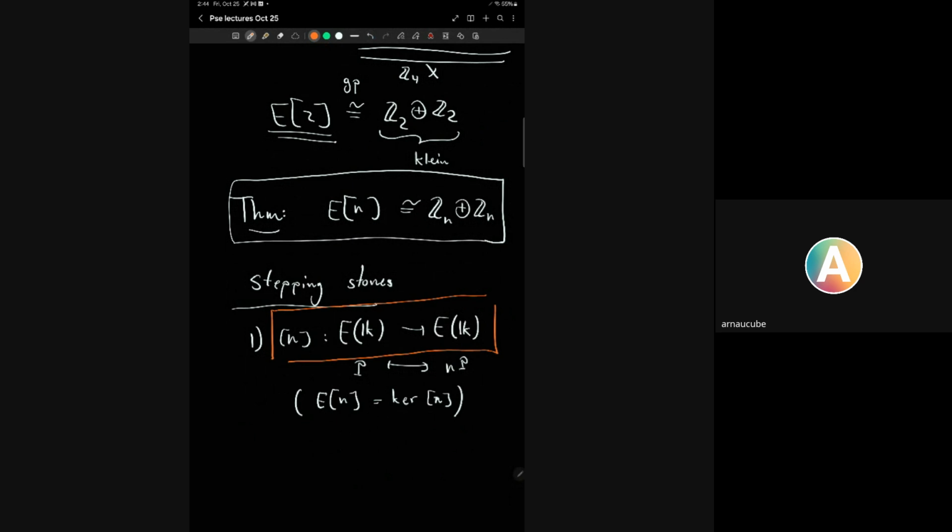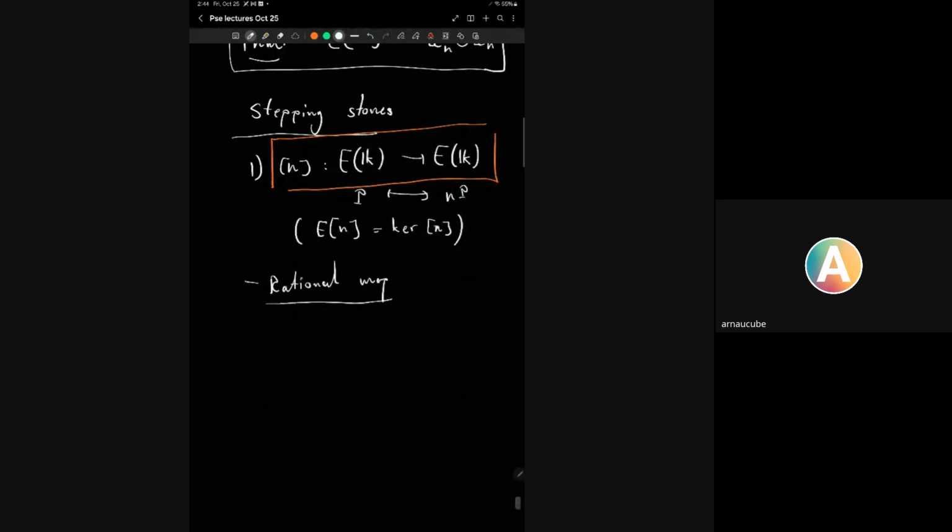So we needed a notion of a rational map. Rational map means, let's say, rho from E to E. It doesn't have to be from E to E prime, but in our case we only care about rational maps from the curve to itself.